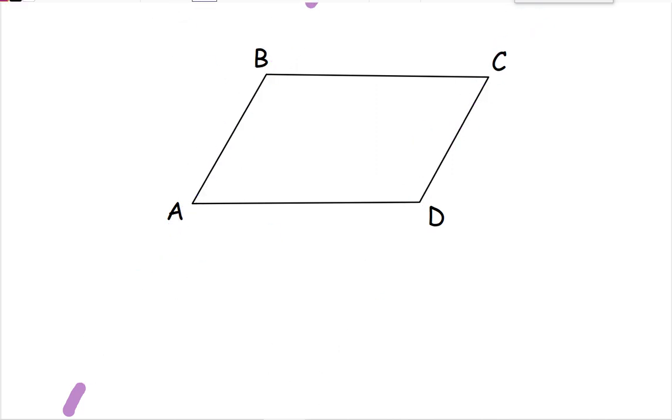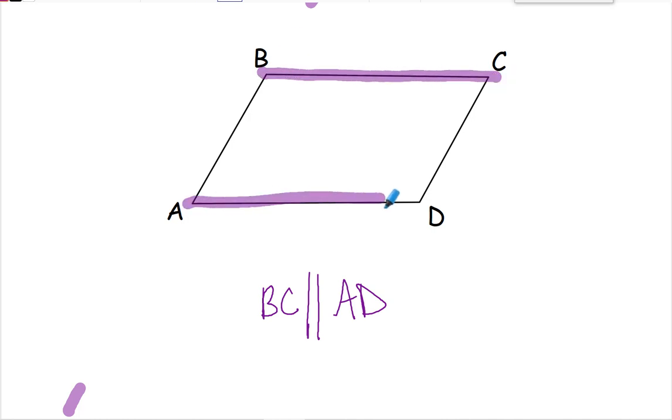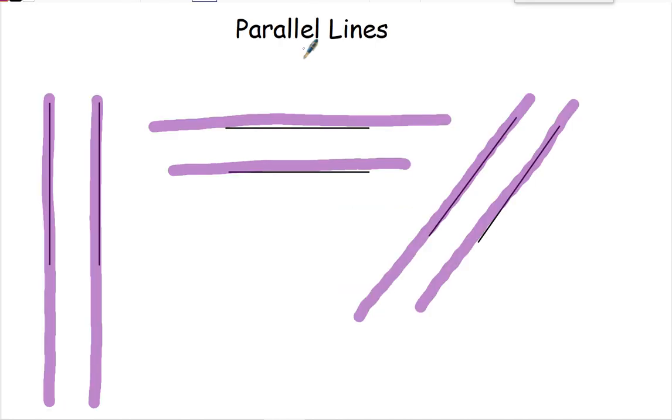So I would say that BC is parallel to AD. Okay, and you can see that BC and AD will never cross. The two L's in the word parallel can help remind you what parallel lines look like.